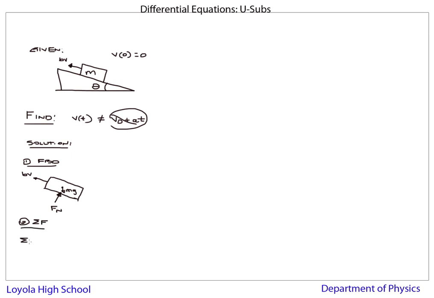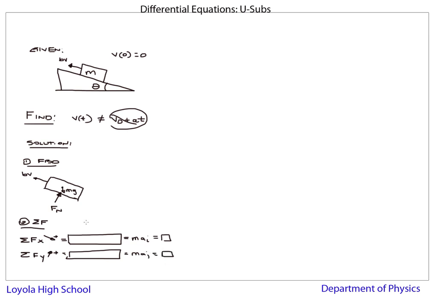Step 2, we're going to sum the forces. So we're going to sum the forces in the x direction. I'll have down as the positive direction since it's going to slide down the incline. Equals m a i, and we're going to sum the forces in the y direction, m a j.